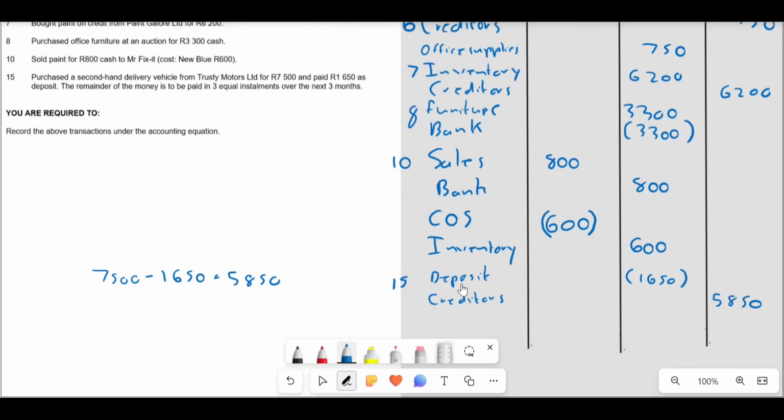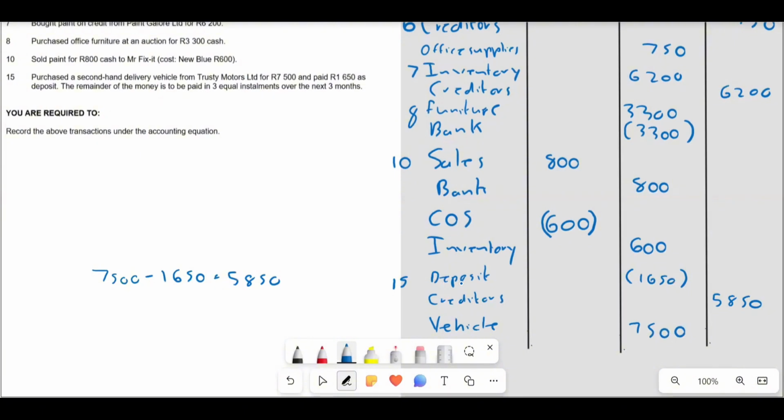Liabilities basically going to increase by 5,850. And we have a vehicle now, which is an asset. So we have a delivery vehicle of 7,500 because this is the cost price of the vehicle.